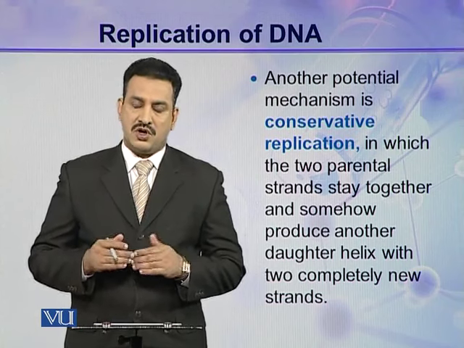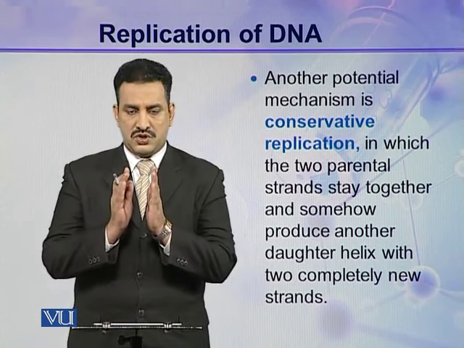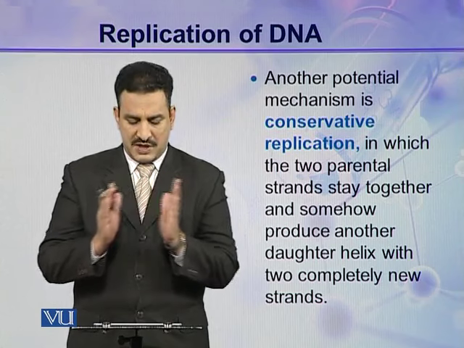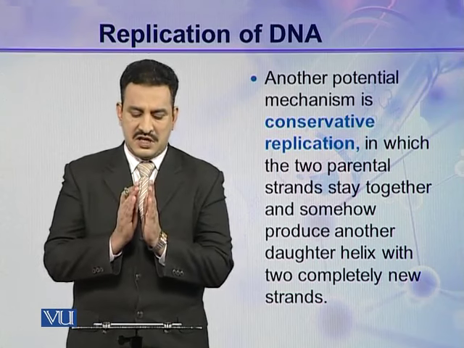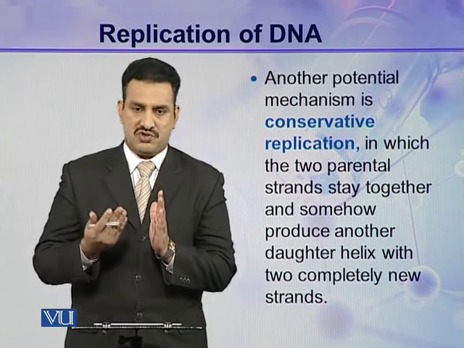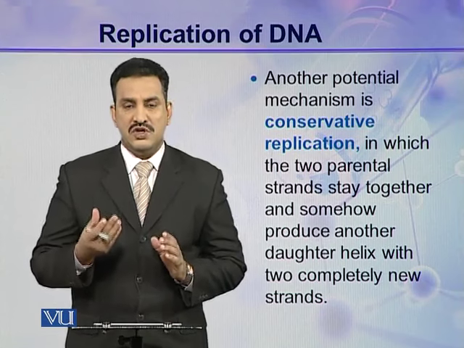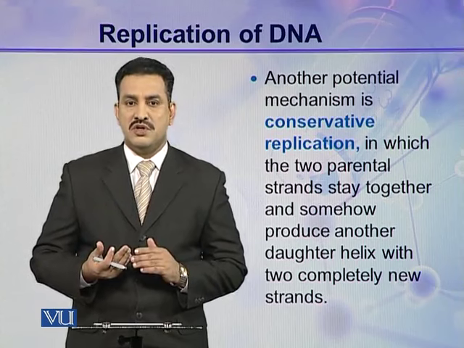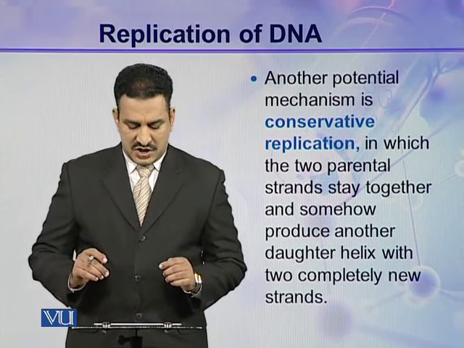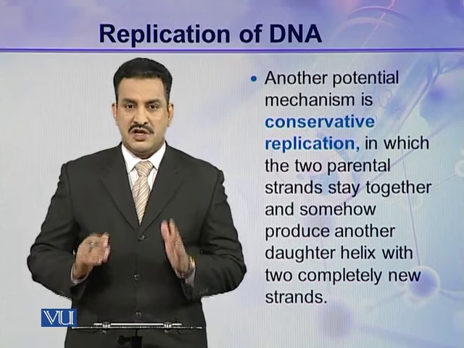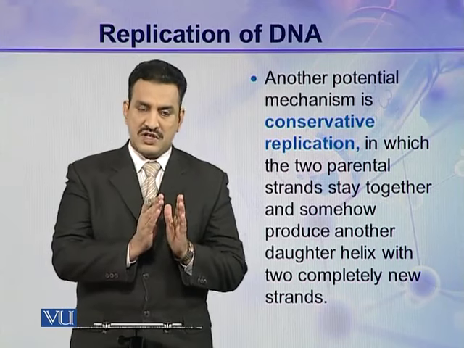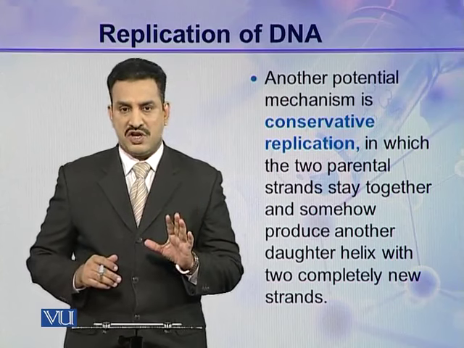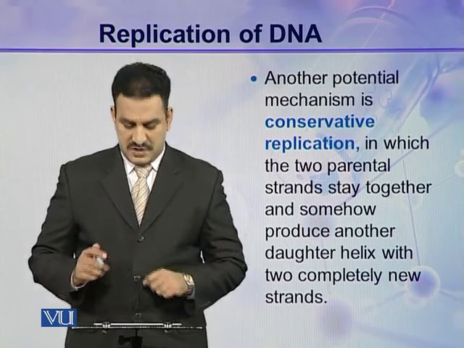So according to this model, the two strands in a DNA molecule don't get separated, and they make two new strands. So the newly synthesized DNA molecule is completely new. So this is called conservative replication. That is, in one of the molecules, the parental DNA is totally conserved.